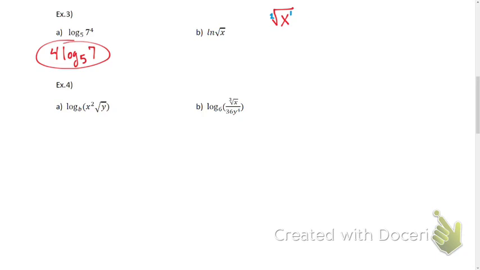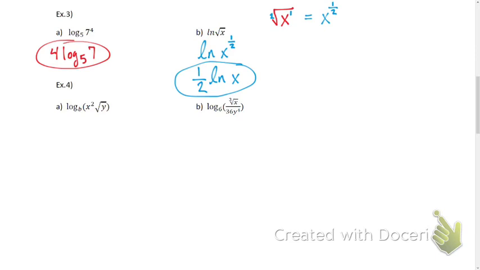So you can write that with an exponent, 1/2, which is what question 3b is asking you to look at. So we rewrite this thing as this, and that exponent can get thrown on the front, and it becomes 1/2 ln x.